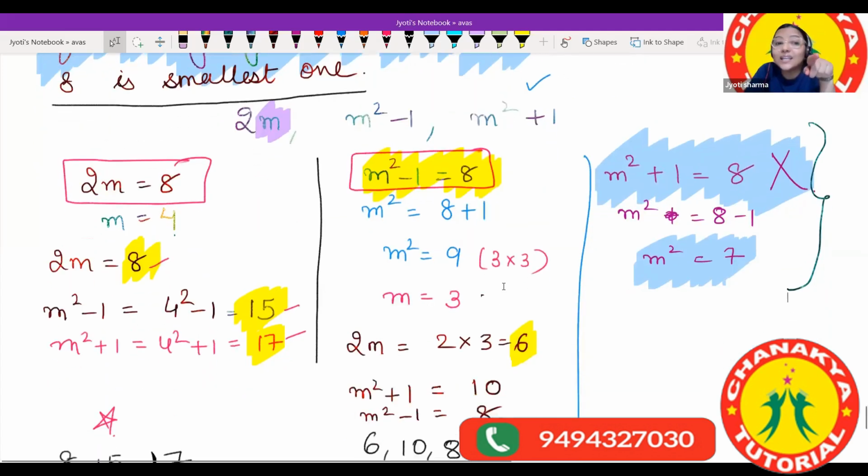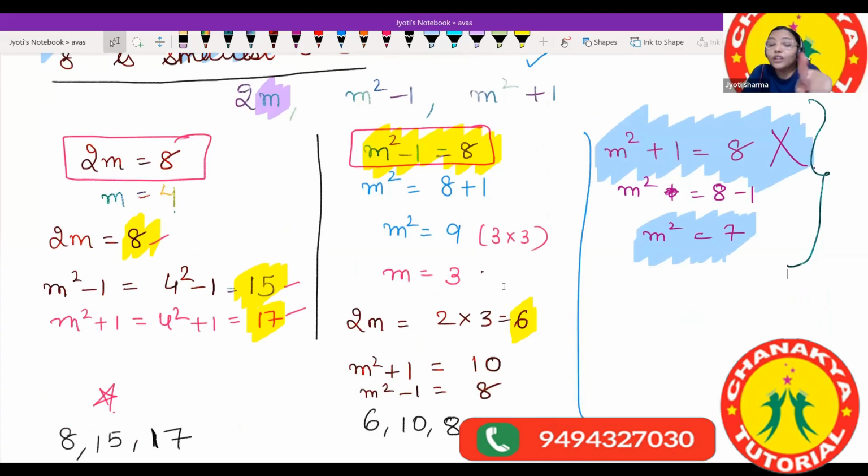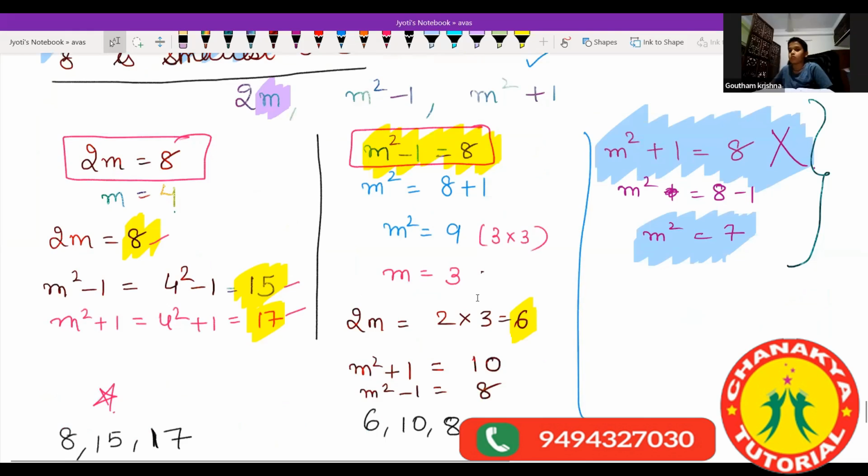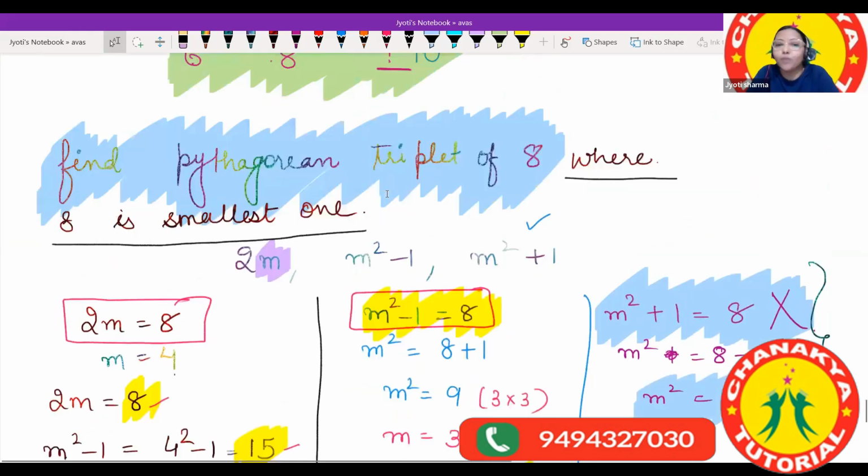That is the reason. Do you notice I have solved with all three? If you take 2m first, if you take m square minus 1 first, if you take m square plus 1 first. Sometimes it will happen that if you take m square minus 1 and you will not be able to solve till the end, then you will have to choose m square plus 1, right? We'll do questions, then you will understand it properly.